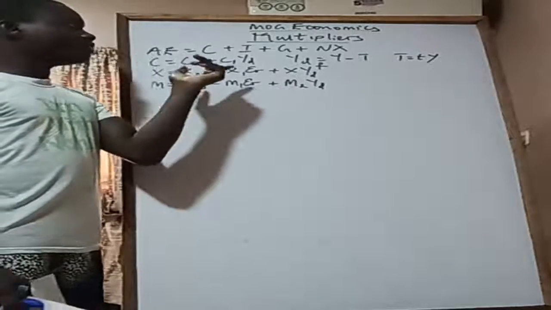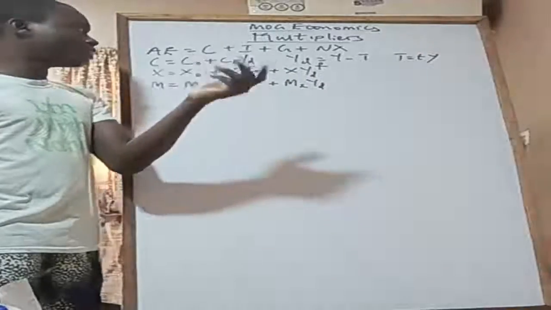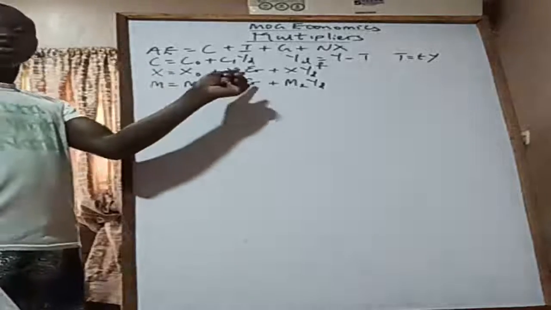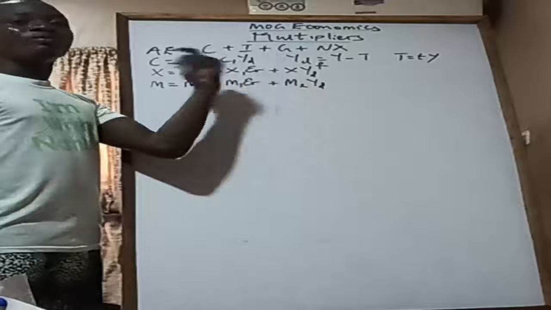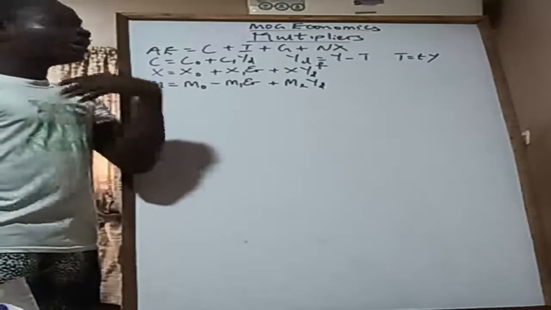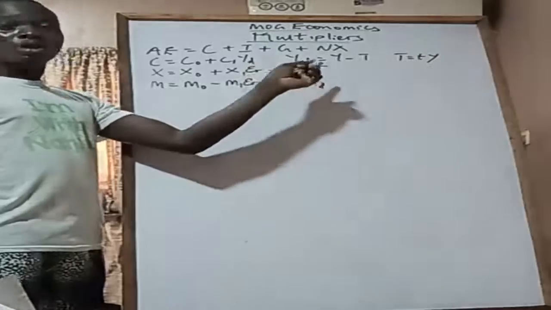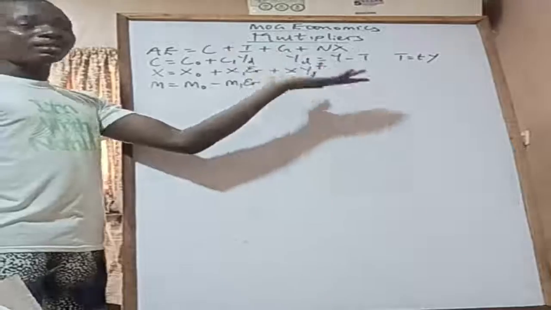Then you have NX, which is your net export, exports minus imports. That's open economy. So X here, which is your export, is a function of two other variables: exchange rate and foreign disposable income. Foreigners are the ones buying your export, right? So an increase in foreigners' income, of course, would increase their demand on average for your exports, provided that your exports are things that they like to buy.